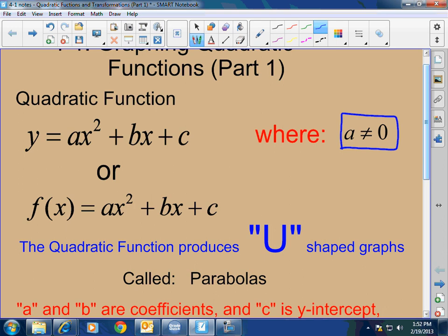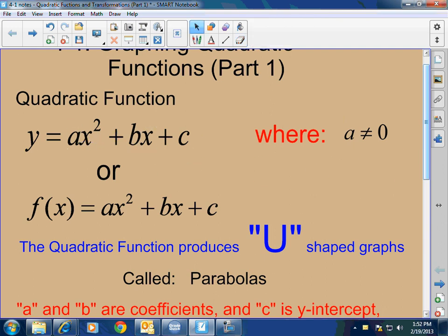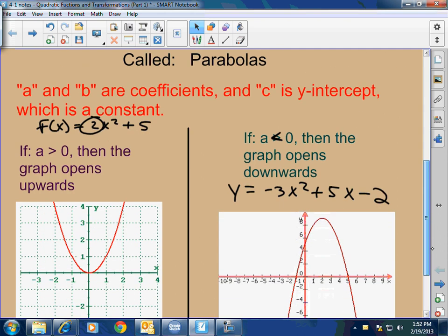Like we had stated already, if a is 0, you're going to be left with this, which is a linear equation, which is a straight line. So if a is 0, you don't have to worry about it opening upwards or downwards because it won't open upwards or downwards because it will not be a parabola. If a is 0, you have what's called a linear function.